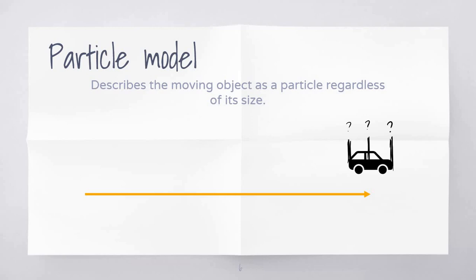So in order to eliminate that kind of error, we can represent this car using a simple particle. Instead of using different objects, we will use a particle, and that particle will now mimic or copy the motion of your object.